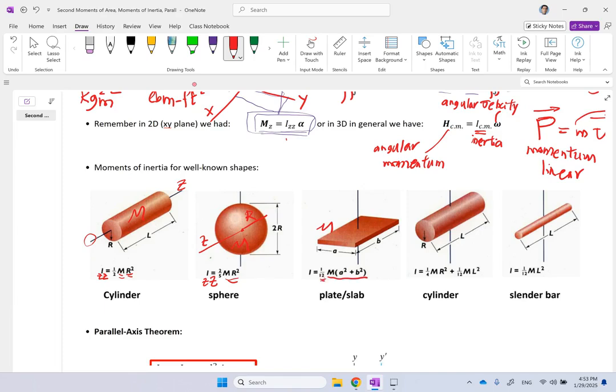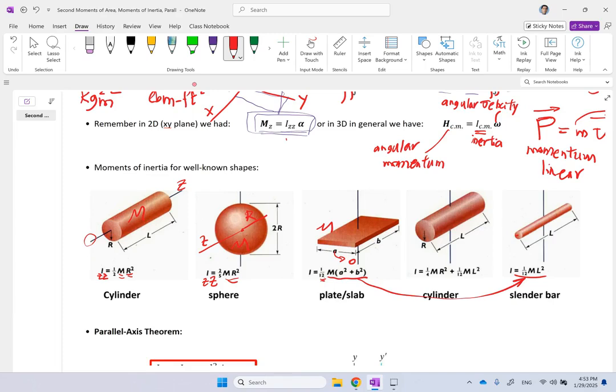For a slender bar, which really has only one dimension, this radius is very small. It's very similar to the plate, except you set a to 0 and only consider b, which is the same as L here, then this formula becomes that.